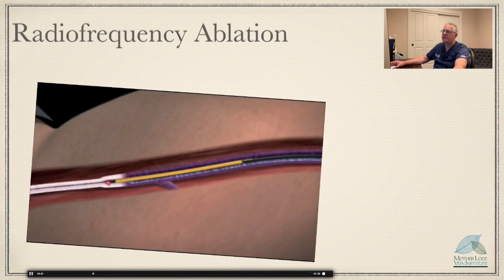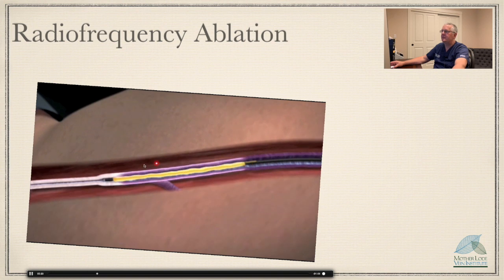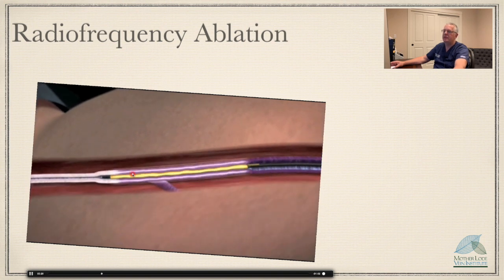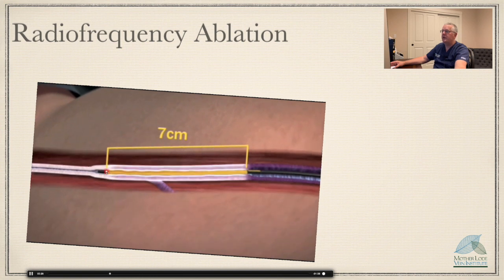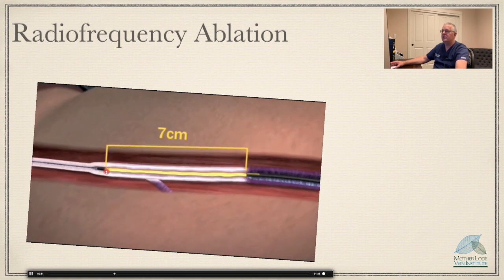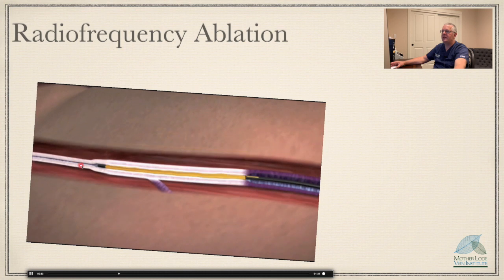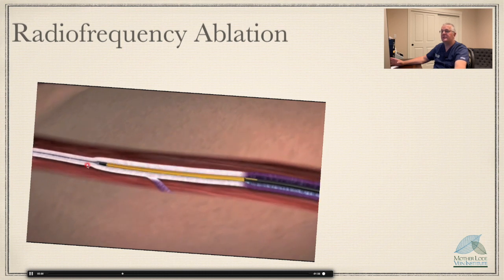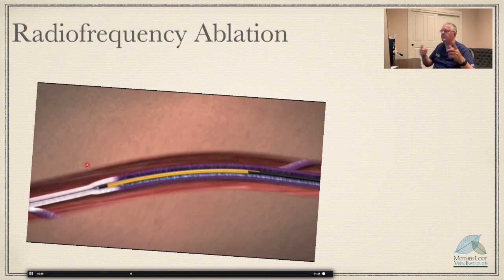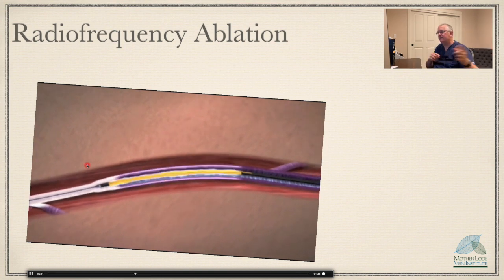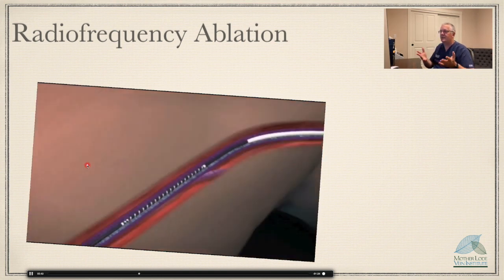And then we just simply deliver, like every 7 centimeters, radiofrequency energy. It just heats the vein just enough so that it damages that inside lining so that the vein doesn't carry blood anymore. Either direction, it doesn't carry blood toward the heart, and it doesn't reflux blood as well because the vein has been damaged.